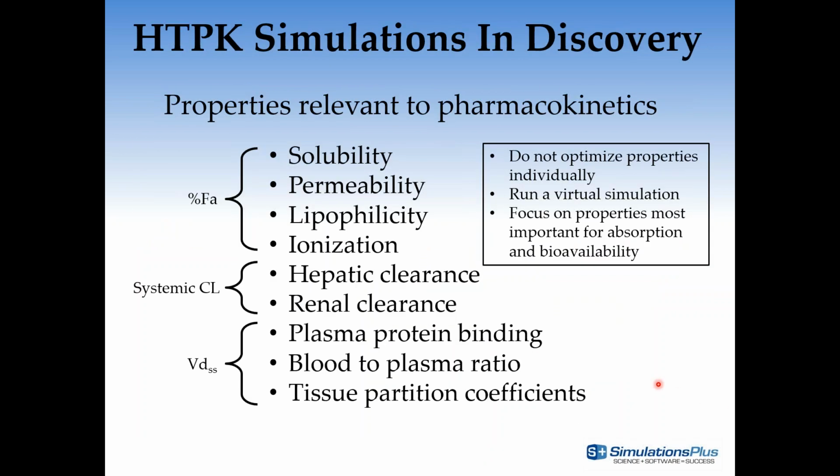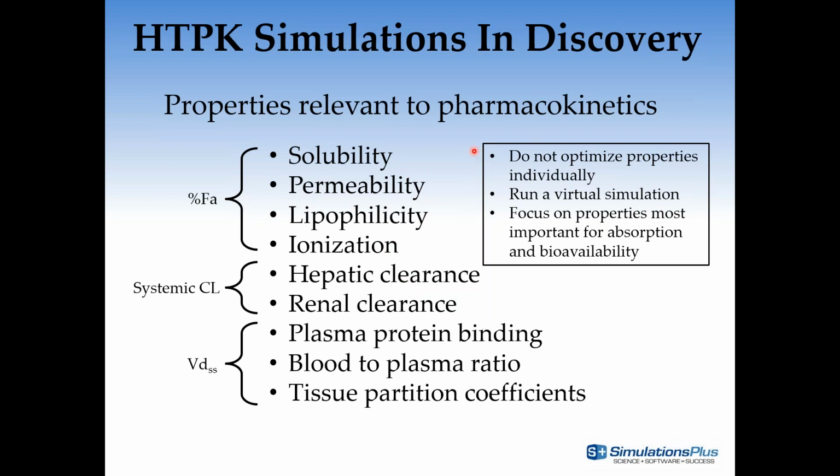This slide was really meant to discuss the motivation for adding this simulation feature to ADMET Predictor. This is targeting early discovery scientists who, in our experience, will have a tendency to focus on individual properties, things like solubility and permeability.